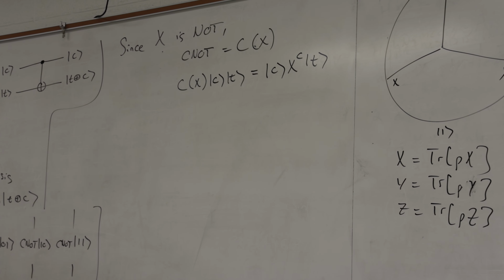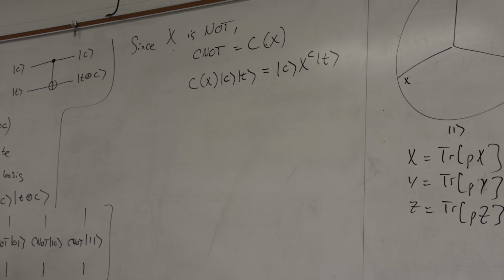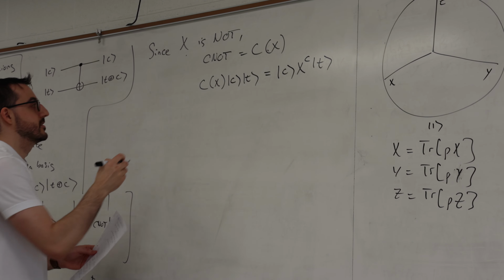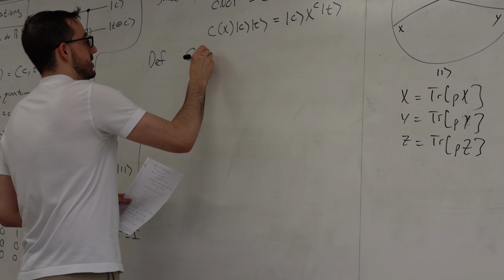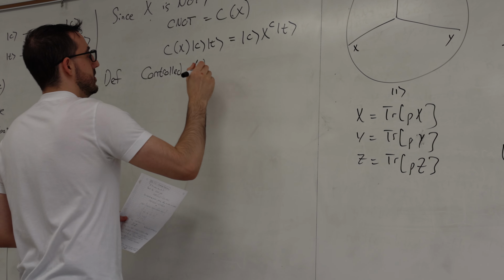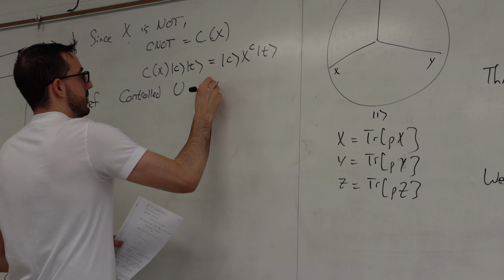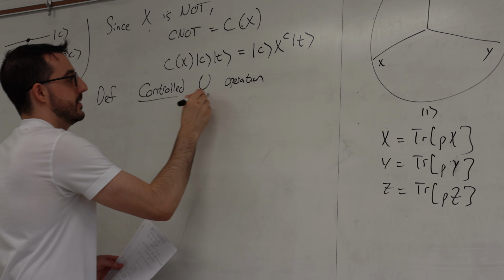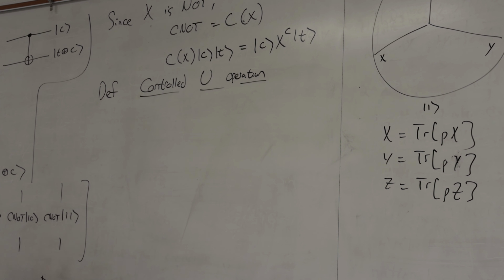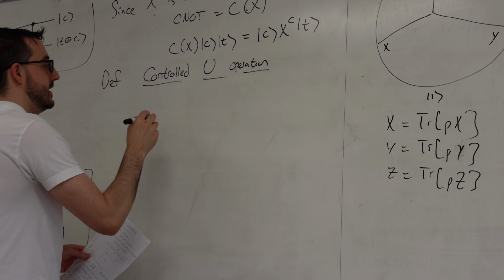And that's going to allow us to extend it to any other unitary U. So, definition: for any controlled U operation, where U is itself a single qubit operation, and we want to define the controlled version of this, we're going to do it in exactly this way.